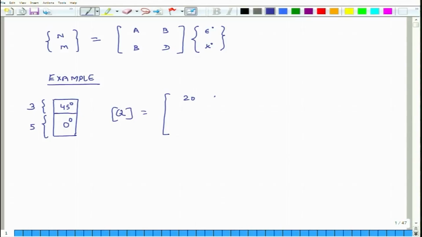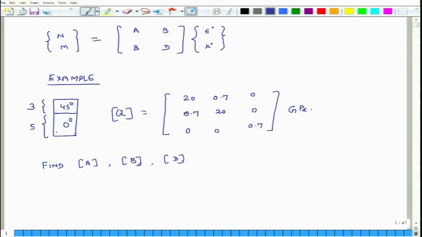So, it is 20, 0.7, 0; 0.7, 2.0, 0; 0, 0, 0.7. This is in gigapascals. So, given this, what we have to find out is the A, B and D matrices for this particular laminate. This is what our problem statement is.